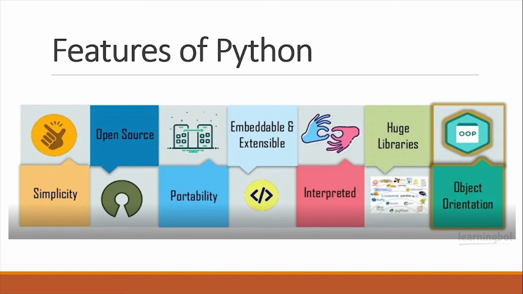The next feature is the library support. Python has huge library support which can be used to obtain solutions to your problems. The next feature is object orientation. Python supports OOPS concept, which means you can model a real world problem into your code and has security over it. That's all about the features of Python.